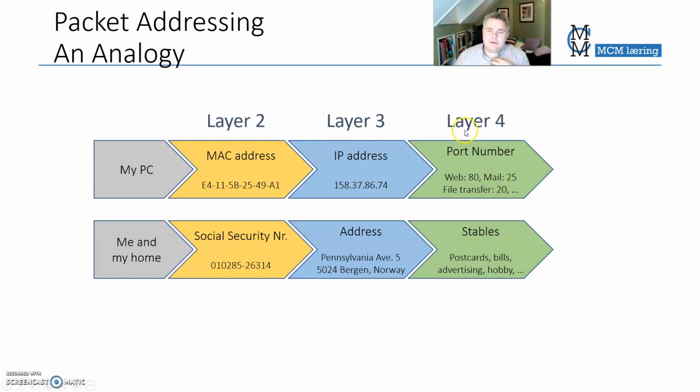Layer 4 was the port number, and the port number is 80 for web requests, for example, 25 for mail, 20 for file transfer, and so on. So that's unique to the application that I'm using the packet for. And I can compare that to different stacks on my desk at home.